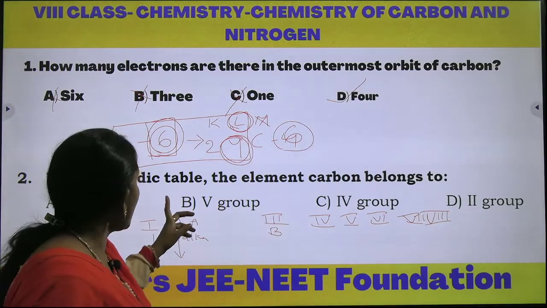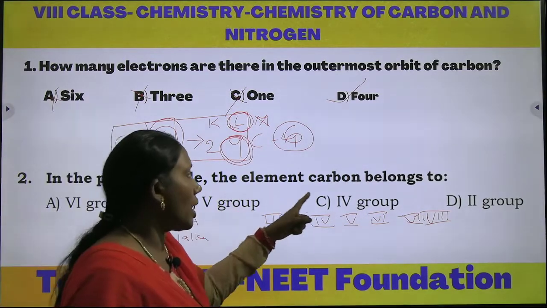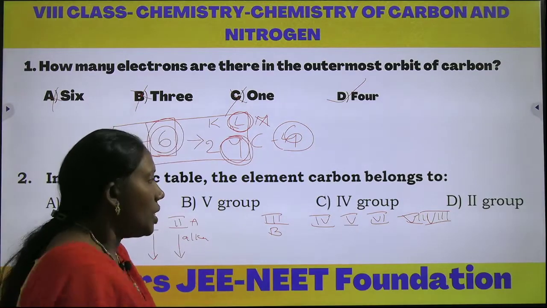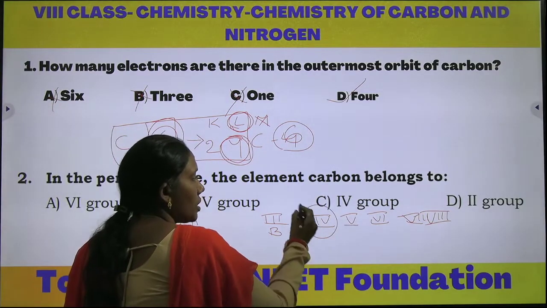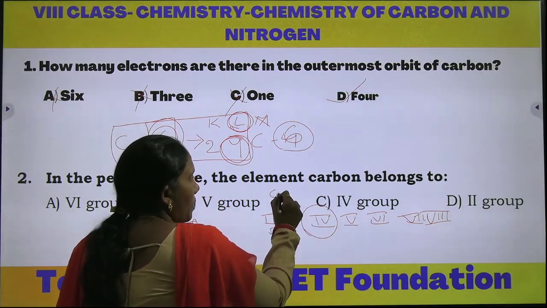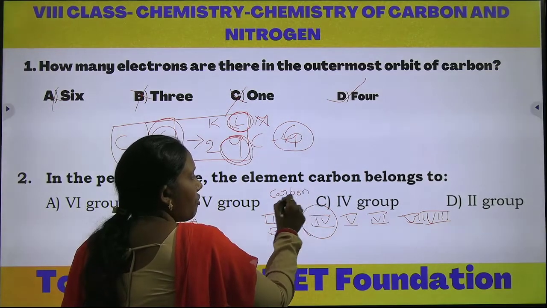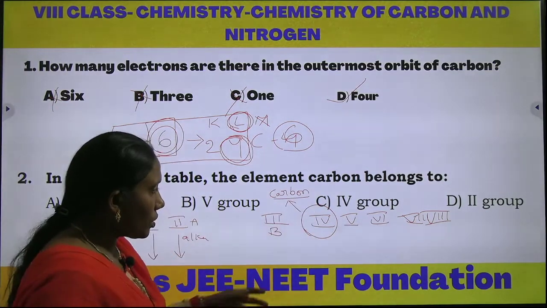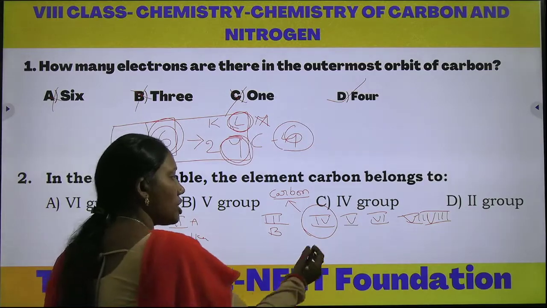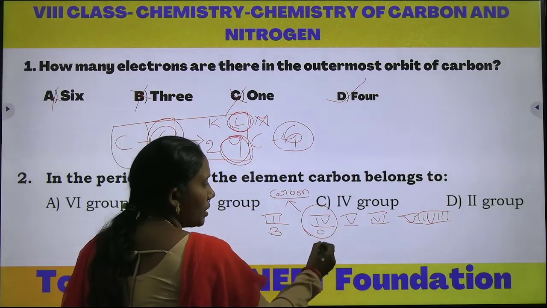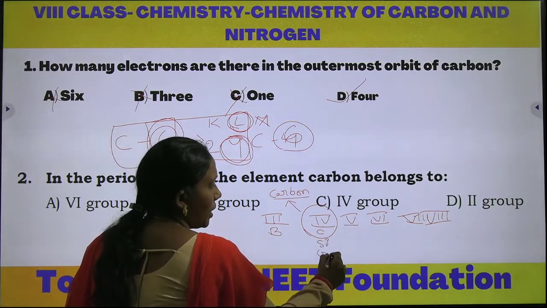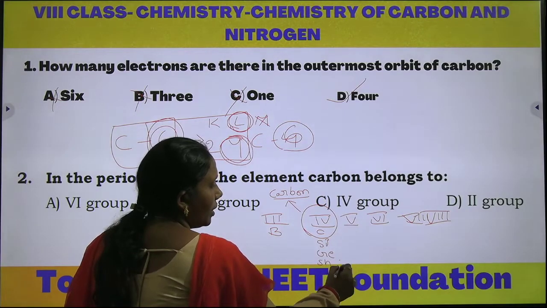In the question they are asking which group the element carbon belongs to in the periodic table. Here in the fourth group, this is known as the carbon family, and the elements present in the fourth group are carbon, silicon, germanium, tin and lead.